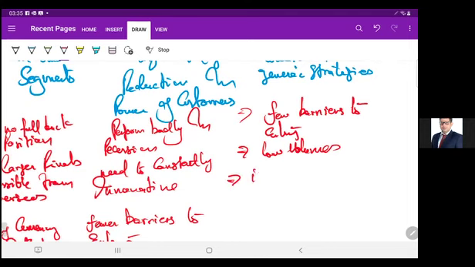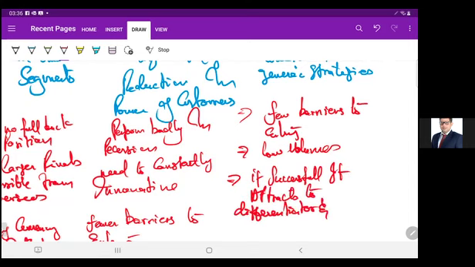If successful, it attracts the cost leader, right?